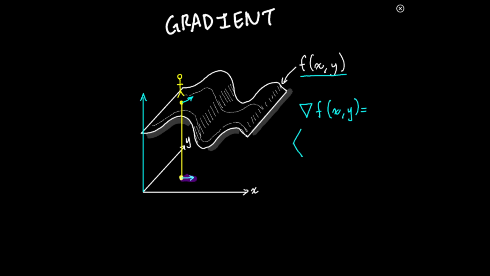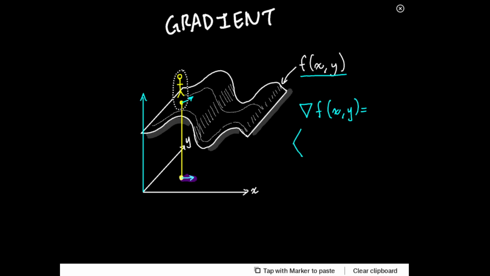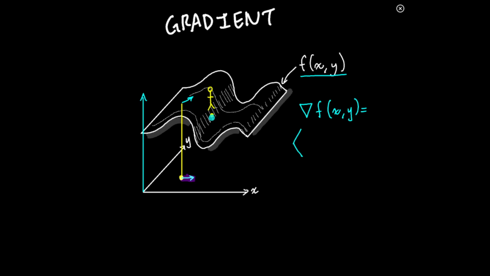Now, what does that mean? What that means is that if I took this guy and I moved him somewhere else, say I move him right here, then it's going to look down here and say, okay, well, at this point down here, which direction would I travel to go uphill the fastest?